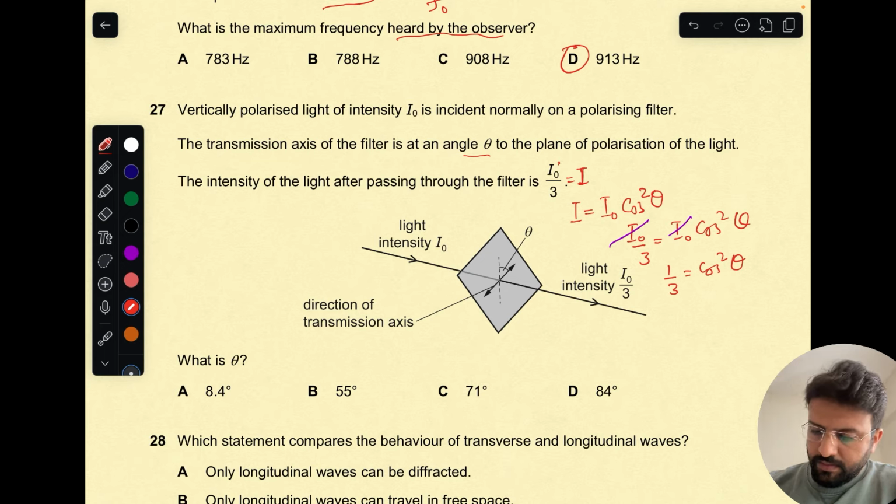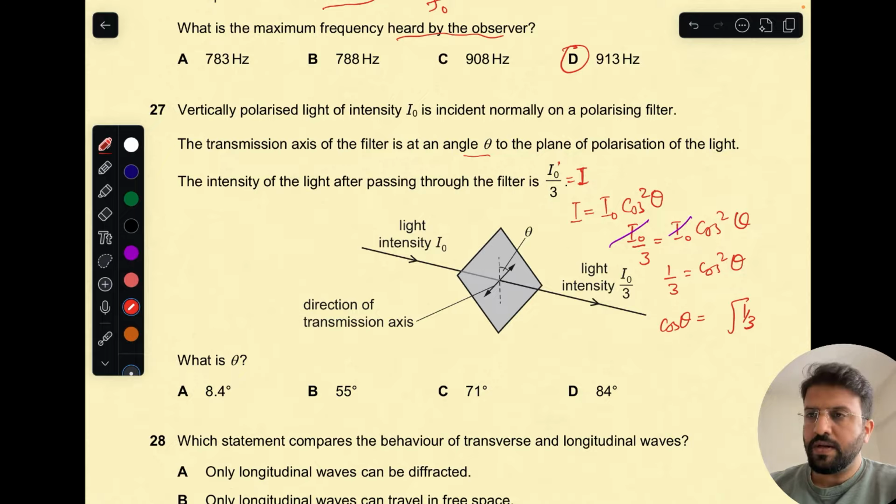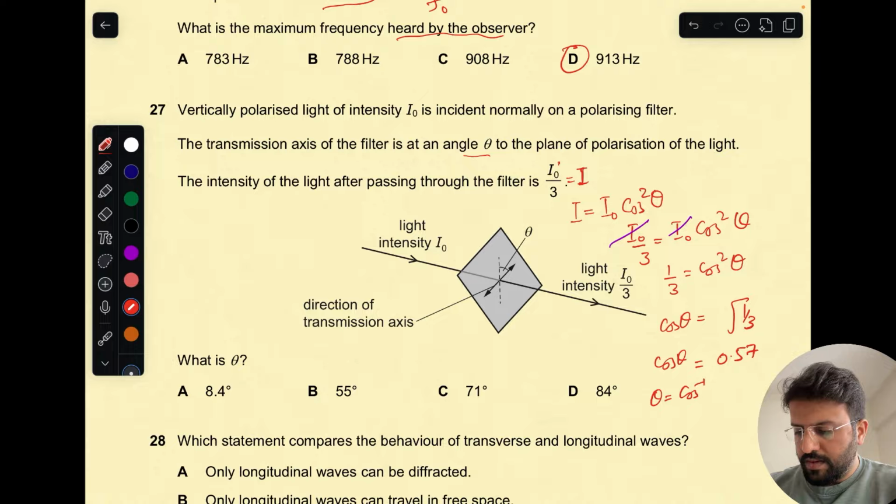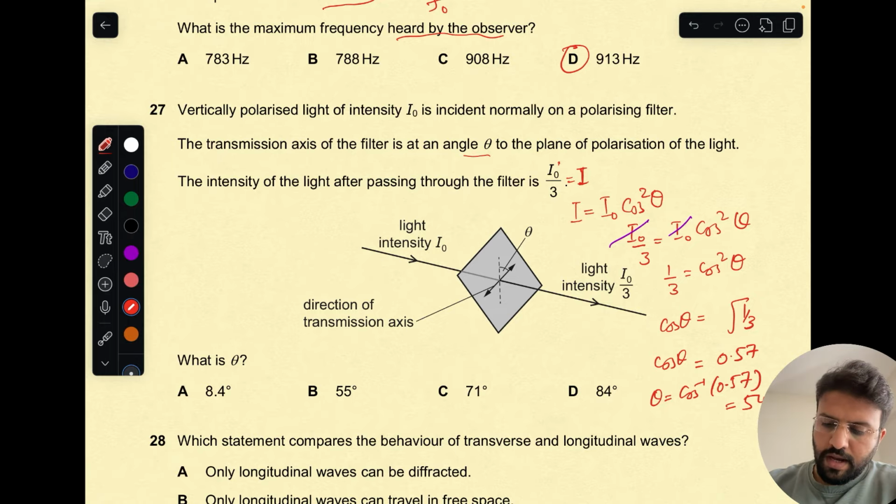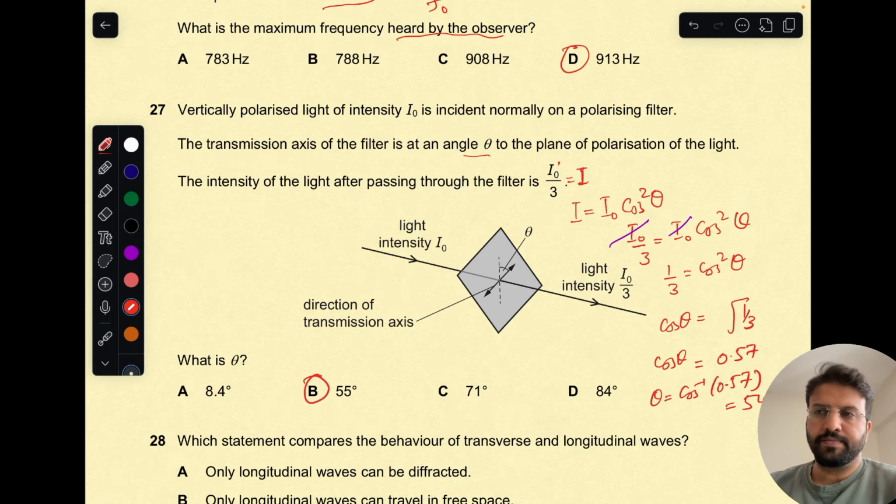To remove the square, you can write cos theta equals under the root 1 by 3. This will give you 0.57. So theta is cos inverse 0.57, that will be 54.73. Make sure your calculator is in degree mode, not in radian. So option B is correct.